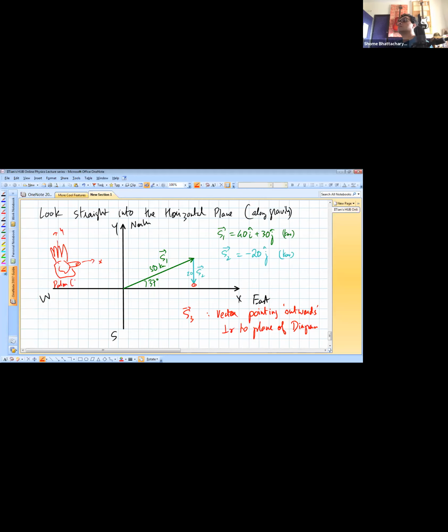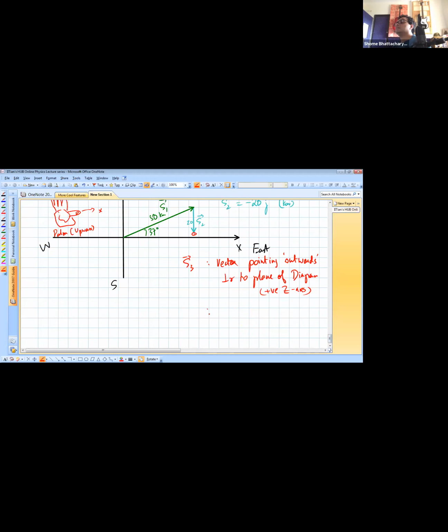So your palm is upwards towards you. So that means this direction is actually your direction of positive Z axis. Okay. So that is why my S3 as a vector should be written now as 5 K cap in kilometers.